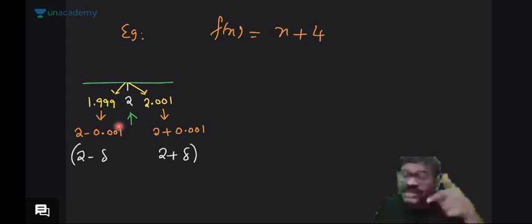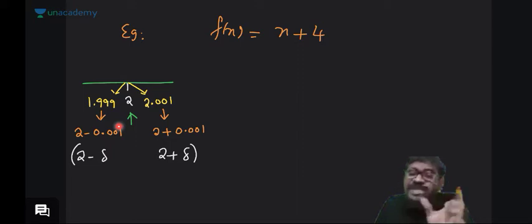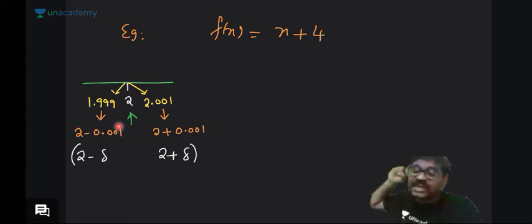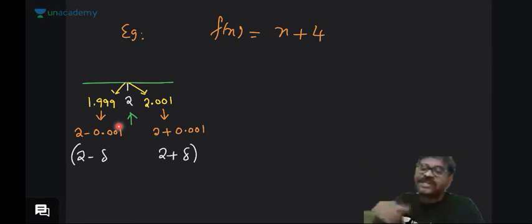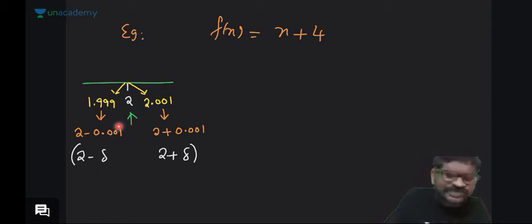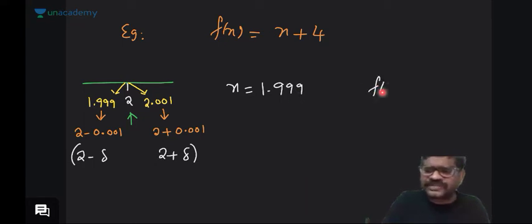So whenever x is 2 minus delta to 2 plus delta, whenever x lies in the interval 2 minus delta to 2 plus delta, f of x lies in the interval L minus epsilon to L plus epsilon. 1 minute, observe. Suppose x is 1.999. What is f of x?